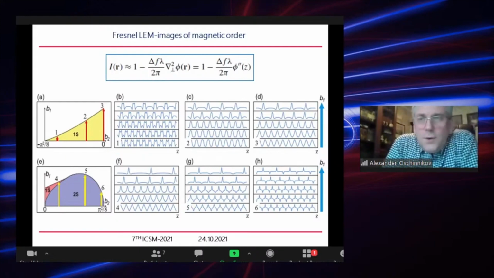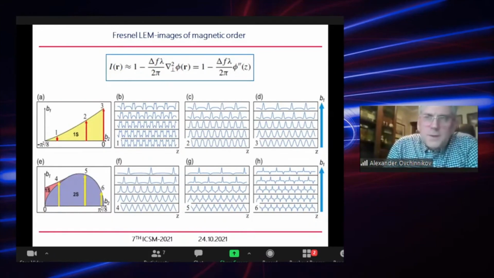But this method is convenient only for magnetic inhomogeneities of big scale, where the size is of order some micrometers. But for very tiny spin modulation, it's almost inappropriate because all information is lost.